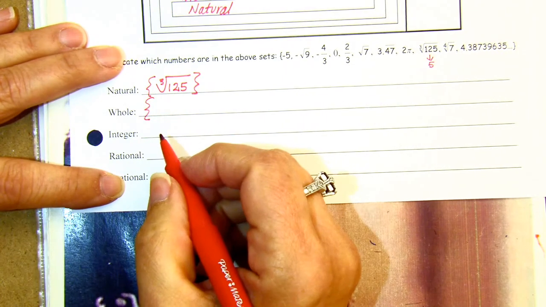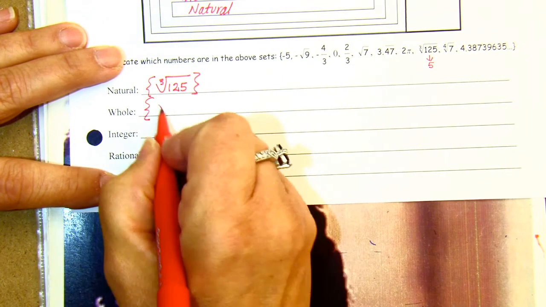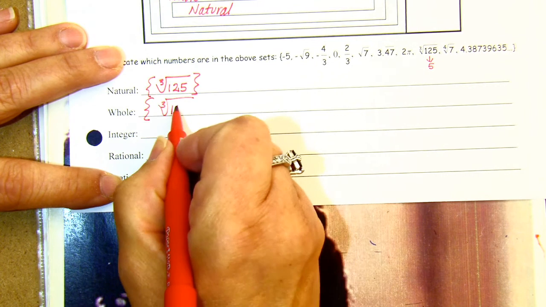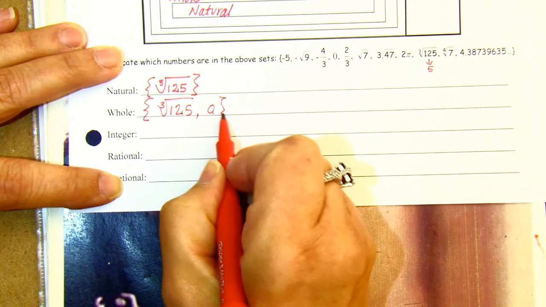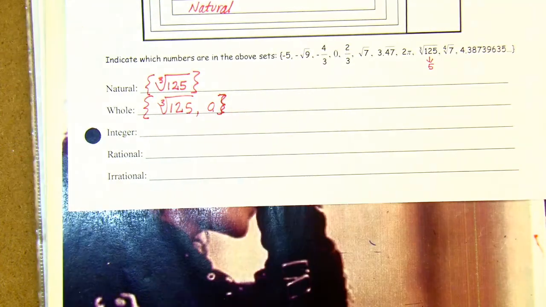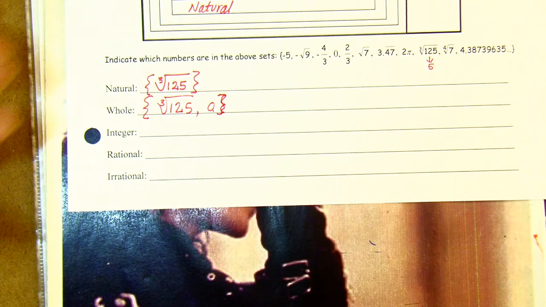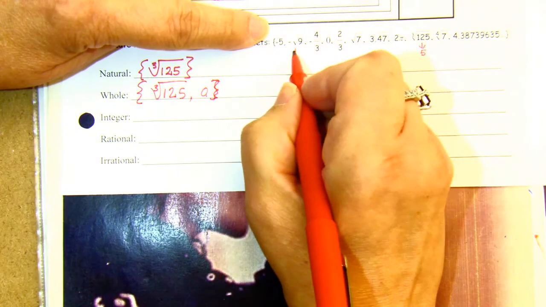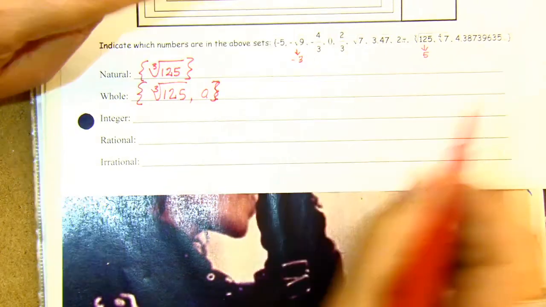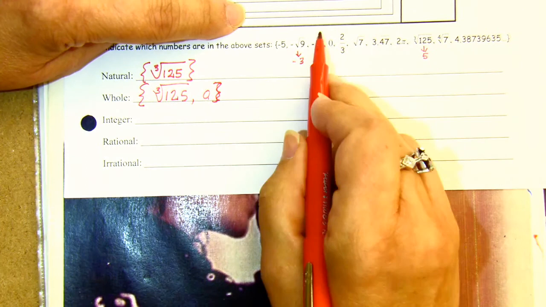And what else do I add to the set? Well, 0. 0 is going in that set. All right, integers. Integers are our negatives. Negative 5. This is equivalent to negative 3. Integer, integer, not integer.